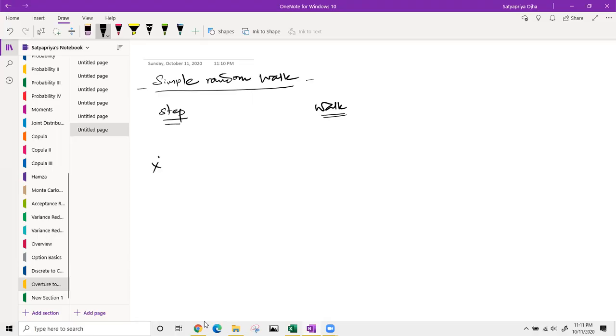So model the step as +1 or -1, very basic, extremely basic model for randomness. Okay, so this is a step, and after n steps, so I'm walking n steps, okay?